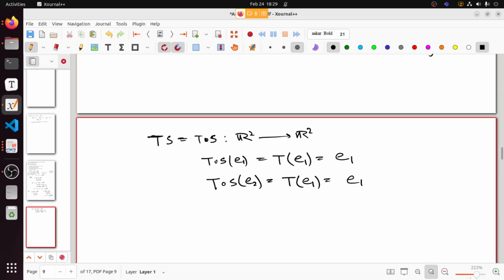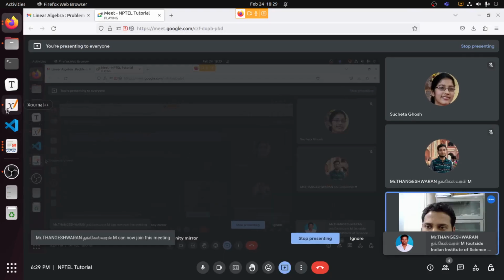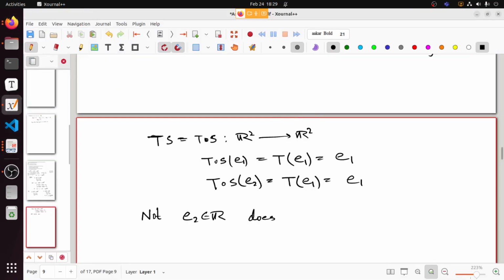So if you take the E2 vector, there is no pre-image, right? E2 in R2 does not have any pre-image under T compose S, right?